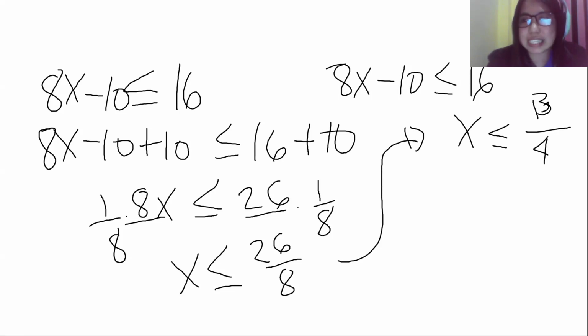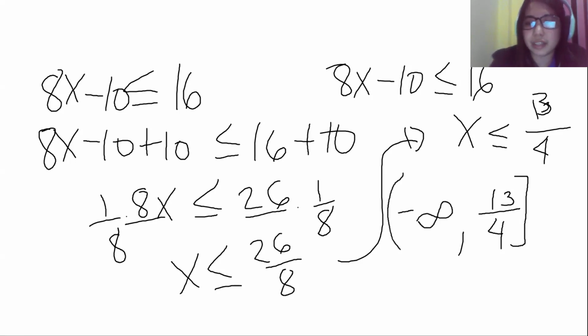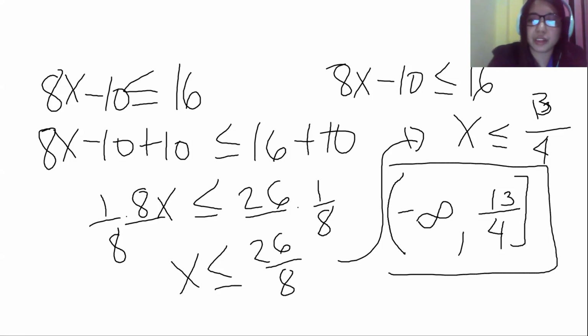It is less than, which means it is a lower number. So for the interval notation, we have 13 over 4 with the equal sign, so we use the square bracket, comma. It is unbounded, so we have negative infinity and the round bracket. So this is our interval notation.